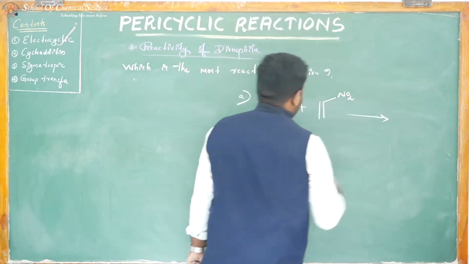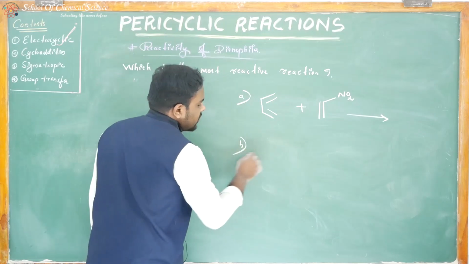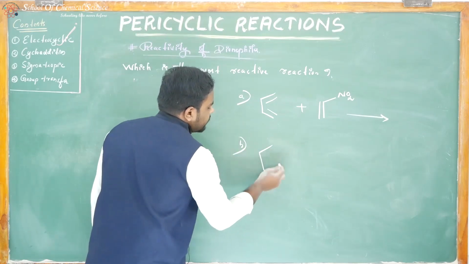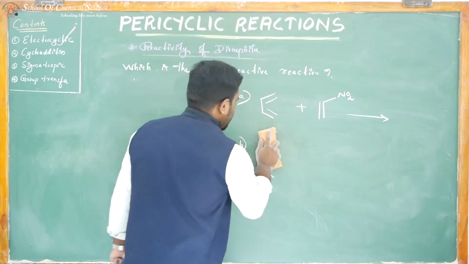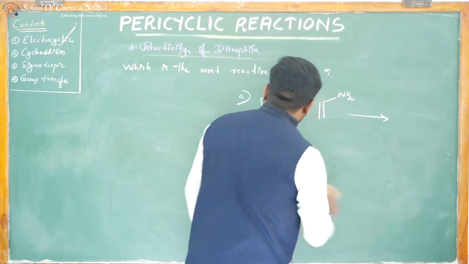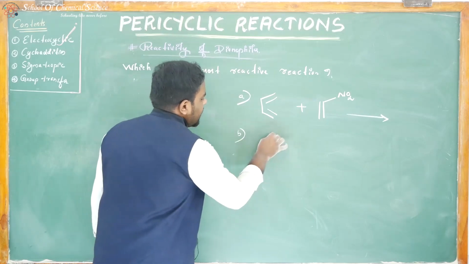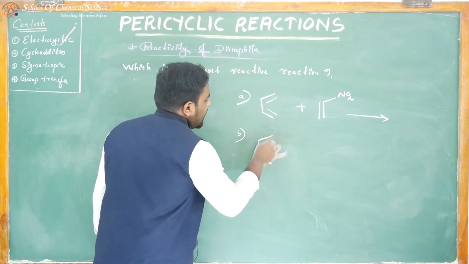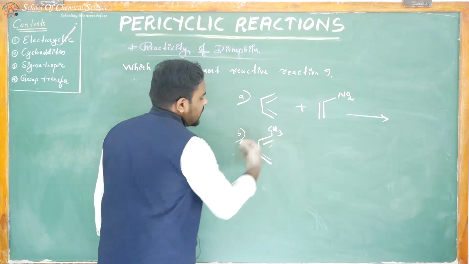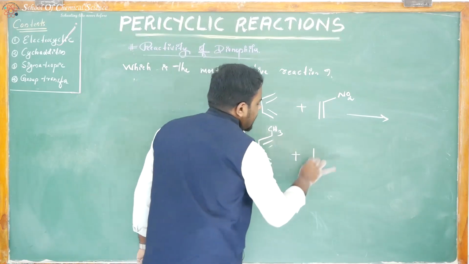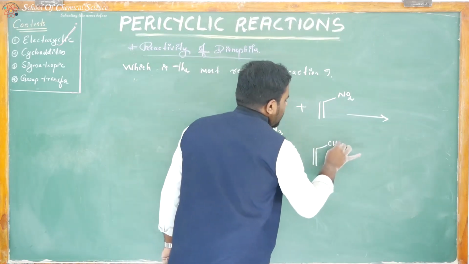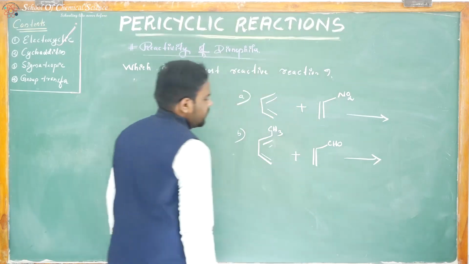This is the first reaction. Then option B, here a diene is present and this diene contains a CH3 group, plus a dienophile containing an electron withdrawing group CHO.